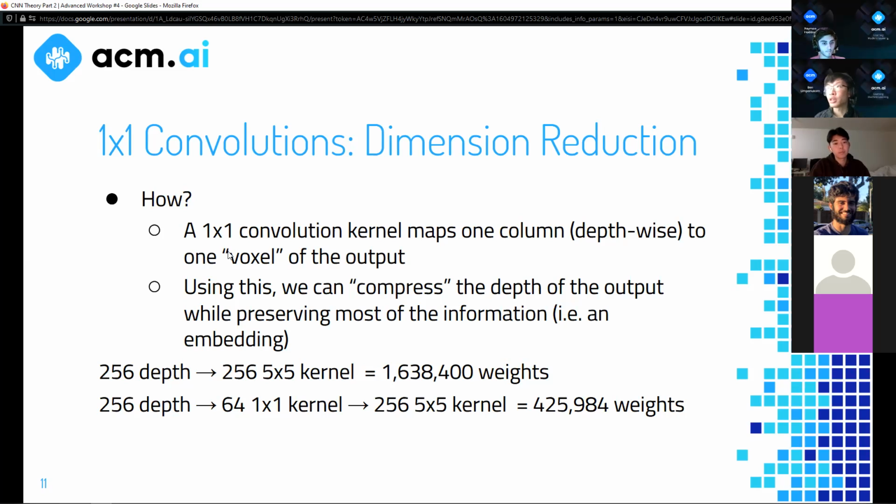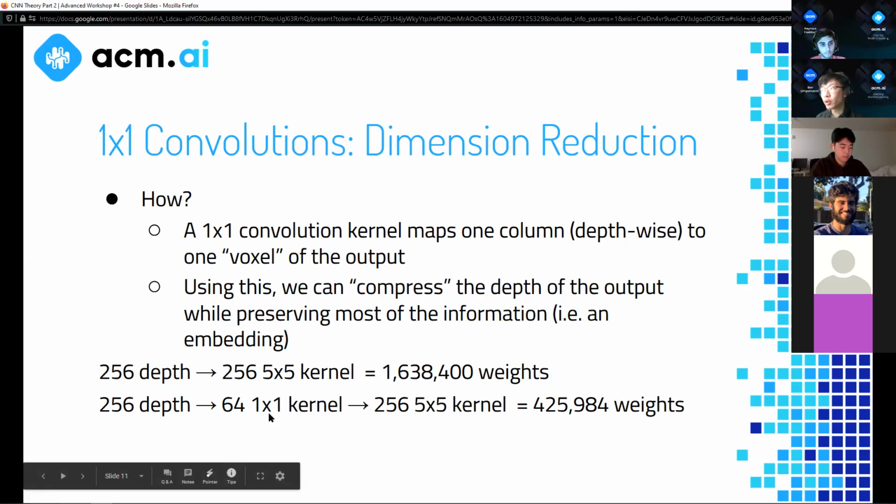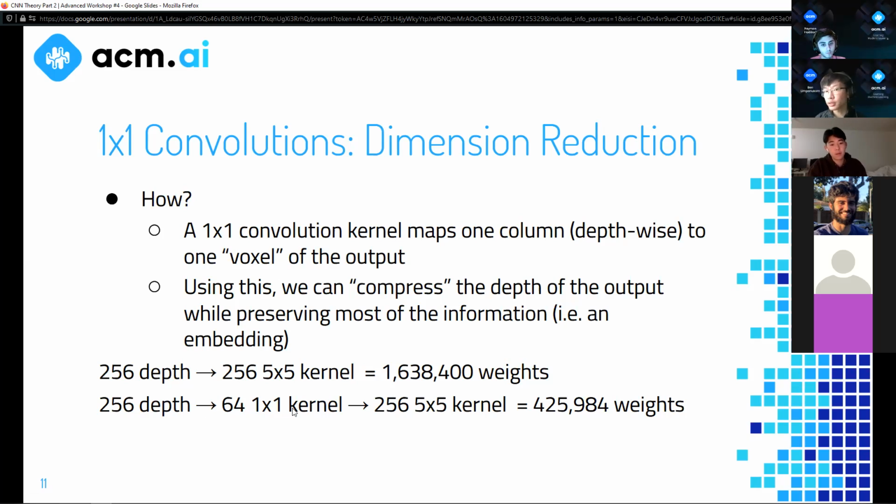If we used a 1 by 1 convolution in between, we take the 256 input depth and pass it through 64 1 by 1 kernels, and that outputs the same dimensions, except that instead of the depth being 256, the depth is only 64, since we have 64 kernels.